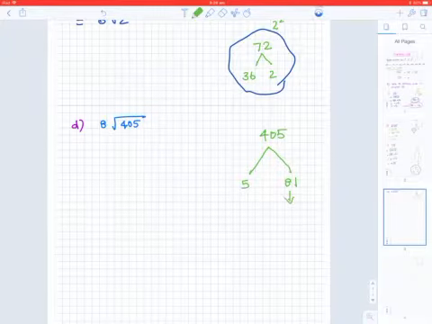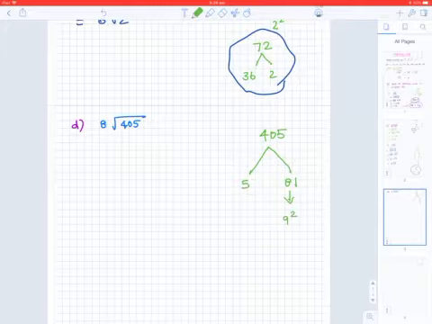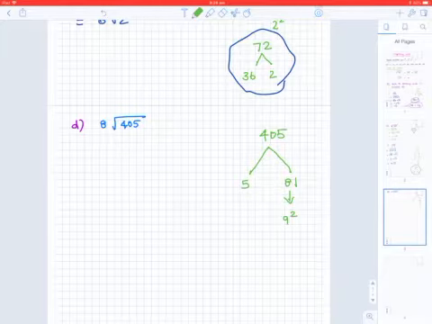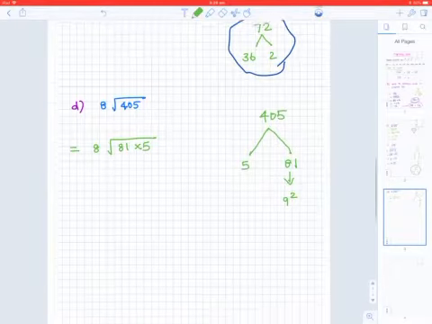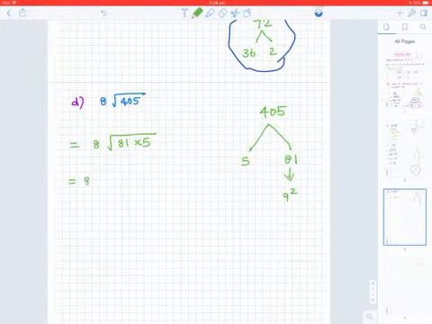Obviously, 5 goes into 405 81 times. So this 81 is a square number. So we are going to write 405 as 5 times 81. So I'm going to rewrite the question as 8 and square root of 405 as 81 times 5.